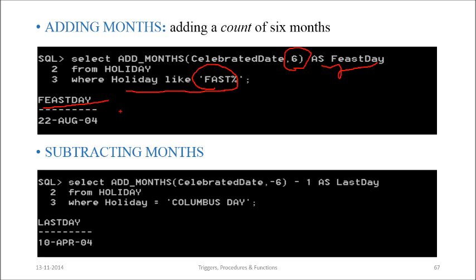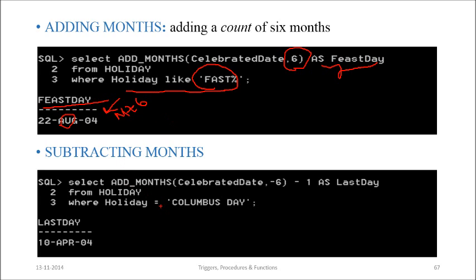It was previously celebrated on March. March plus 6 months is going to be this answer, so it is August. So 6 months is being added to the actual date from the holiday table.